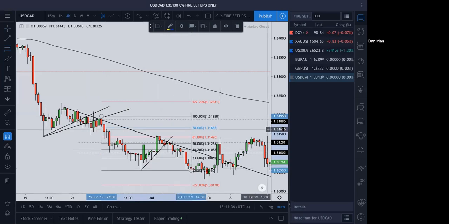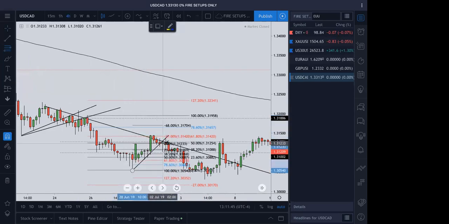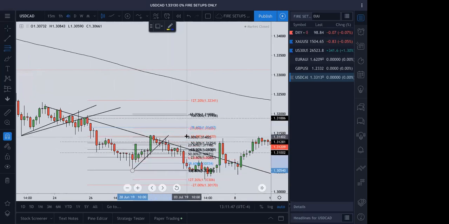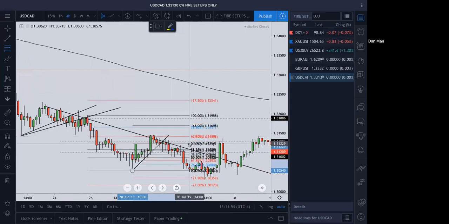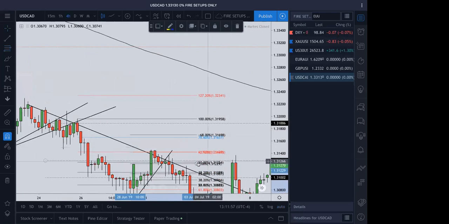And let's put back the previous fib, please. Oopsie daisy, what can we find? Cancel the magnet mode. Okay, what can you find?